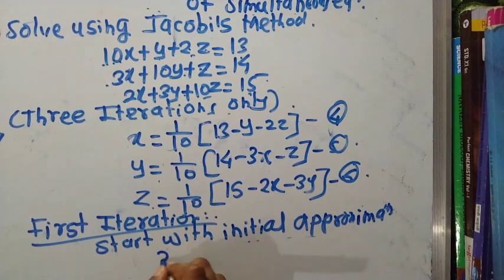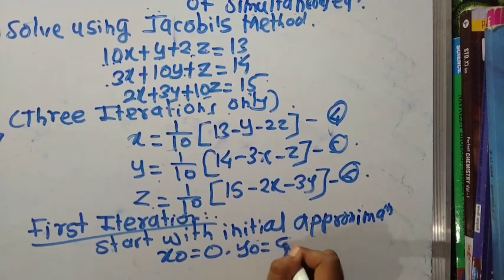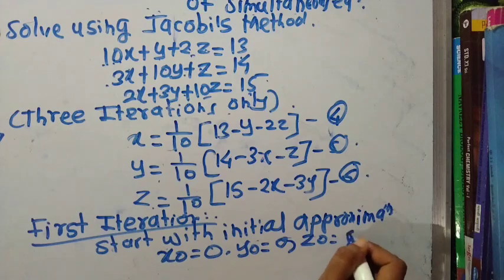Initial approximation: x0 is equal to 0, y0 is equal to 0, and z0 is equal to 0.